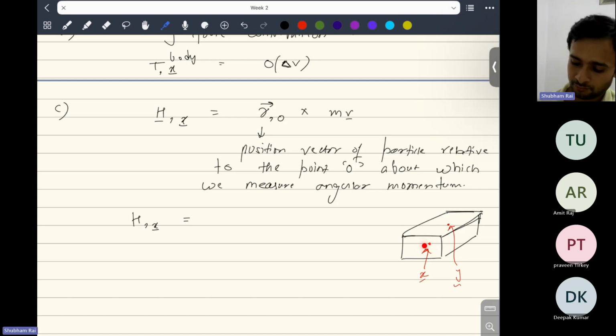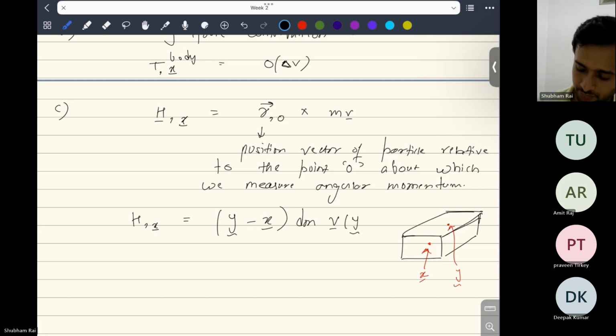It will be nothing but y minus x, which becomes rho, and let's say this point has a mass dm and a velocity v, which will obviously be the velocity at point y, with respect to o, or with respect to x, you can say.